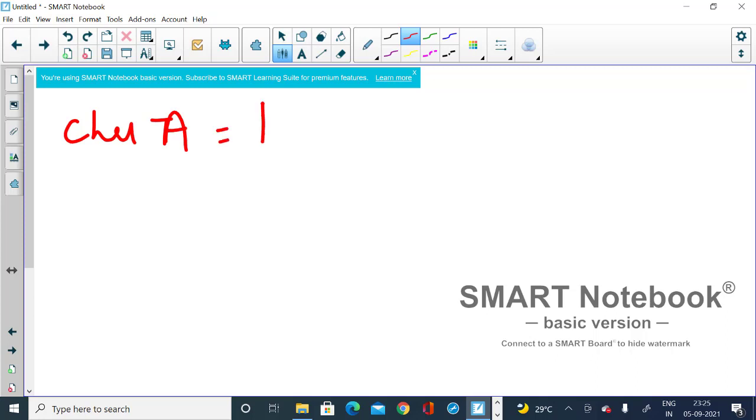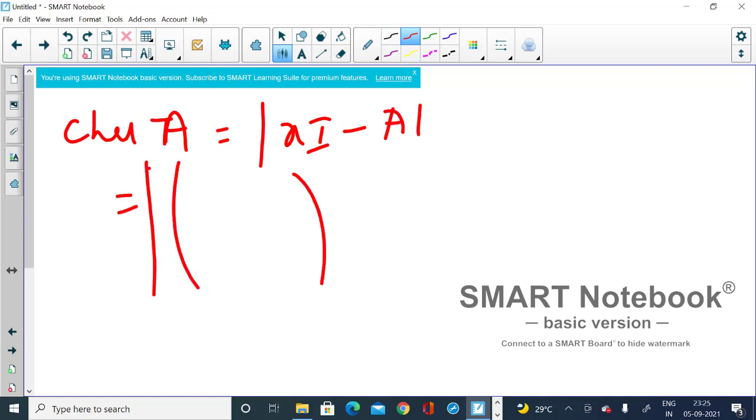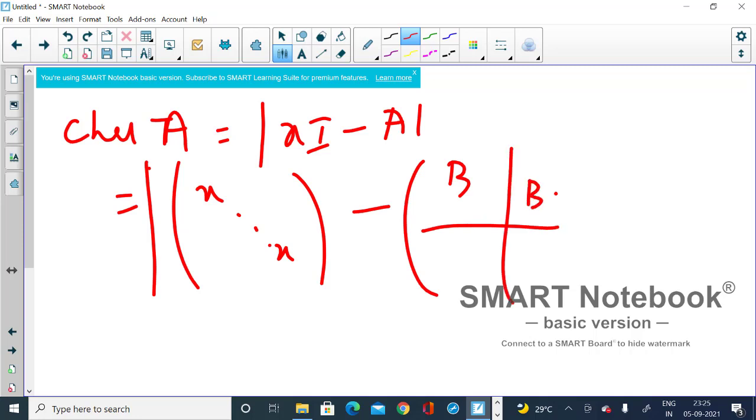So this will be nothing but the determinant of xI minus that matrix A. This will be an n by n matrix, and then you will have the block matrix B1 and B2 and 0 here.